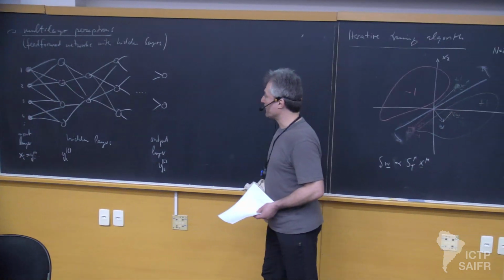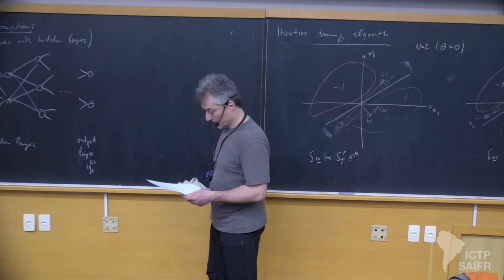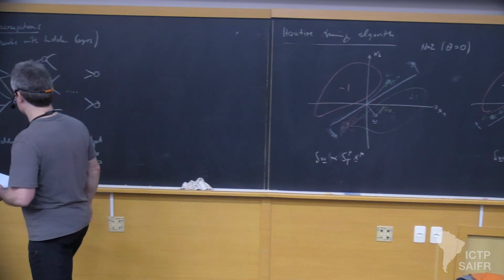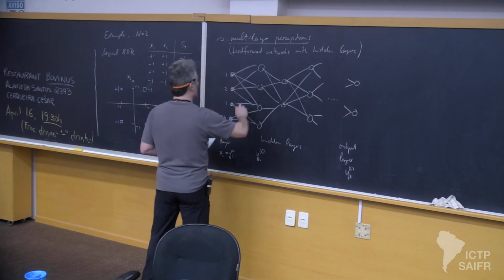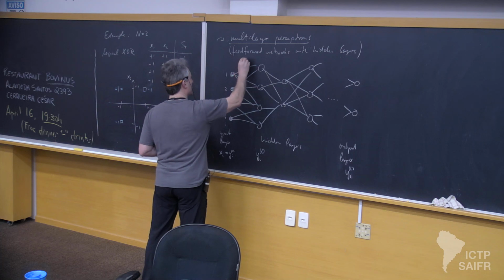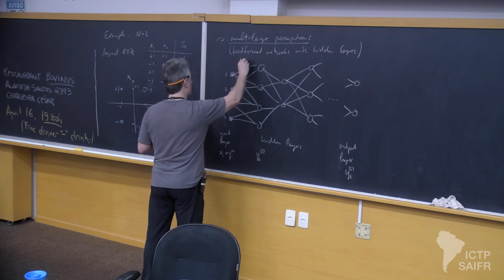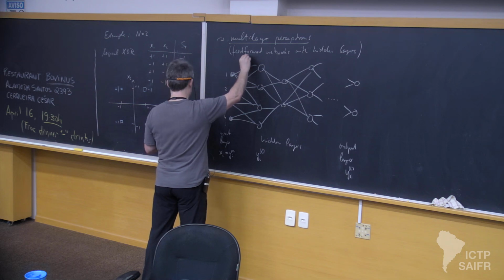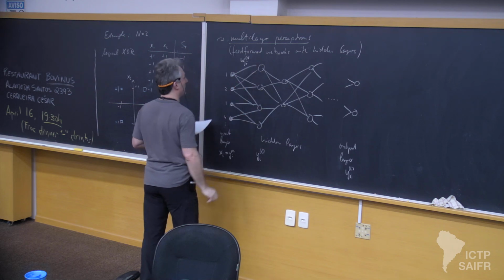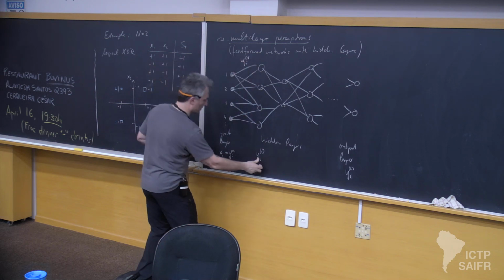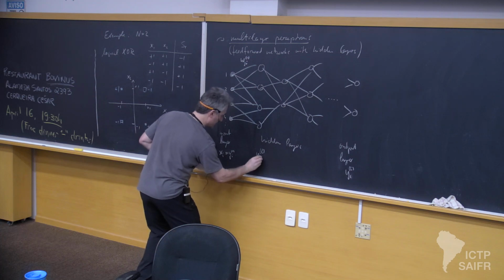Capital L is the number of layers in total. And the connections here, they are now matrices w_ji, so I should write j's in that case here.